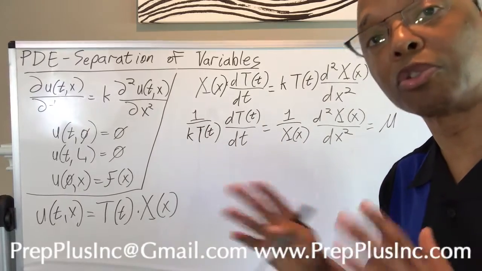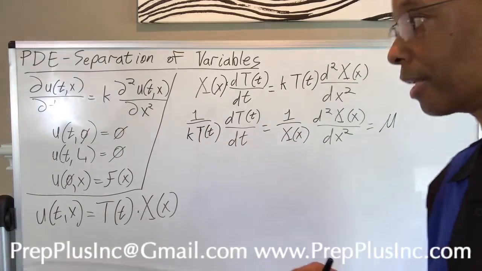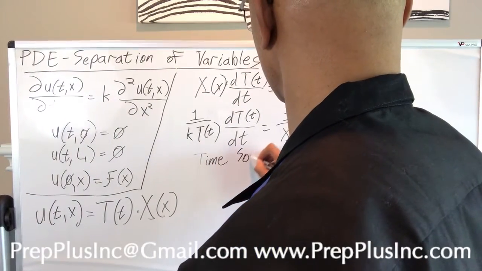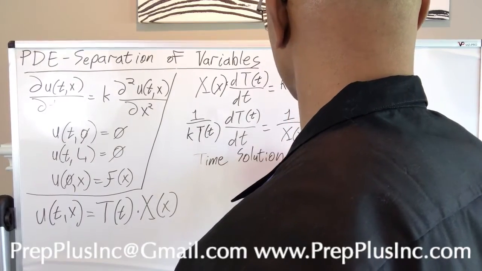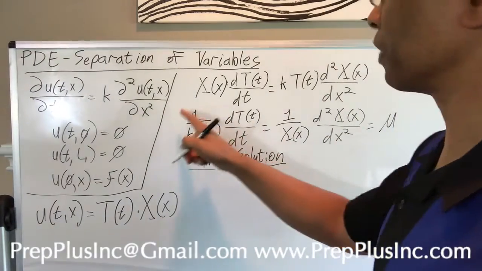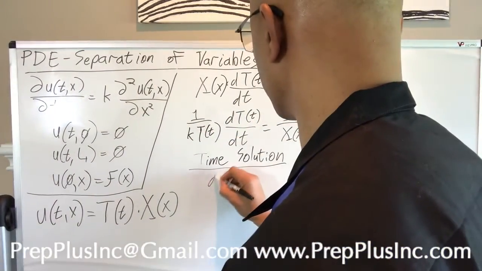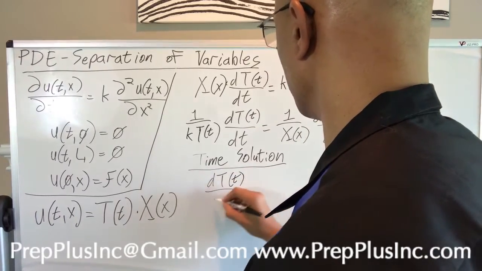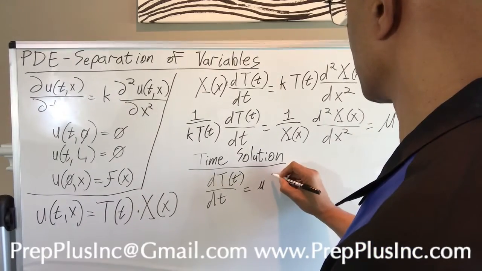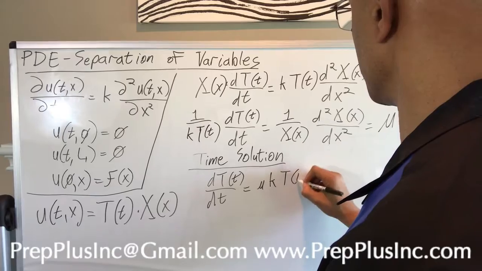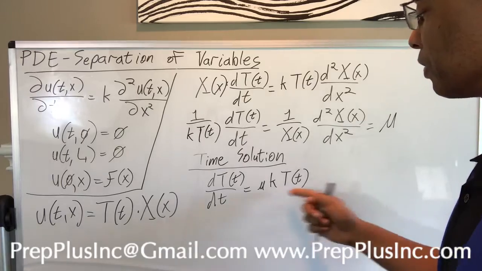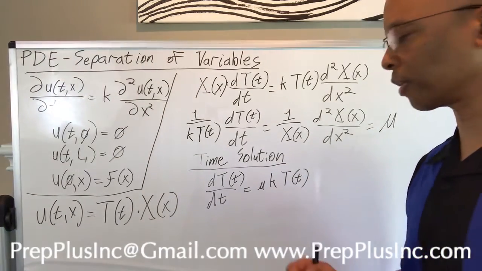Now let's look at those two parts separately. Let's look at the time part of the solution. We have dT of t with respect to time equals mu times k times T. This we recognize from ordinary differential equations.